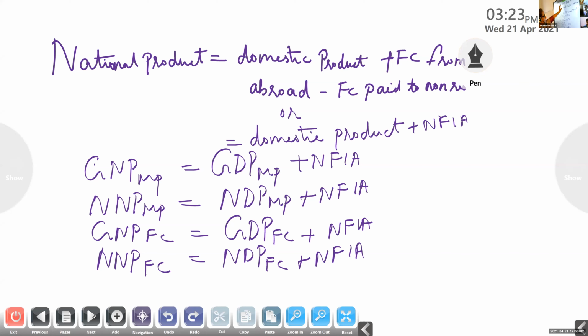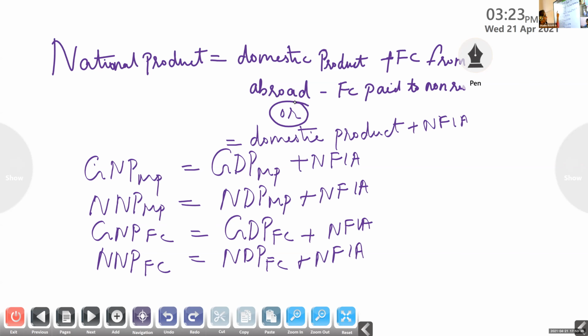National product: how can we find the national product? Domestic product plus factor income from abroad, the income Indians earn when going to other countries, minus factor income paid to non-residents of our country. Or, to put it in other words, I have put it here as an alternative, which is easier to understand.